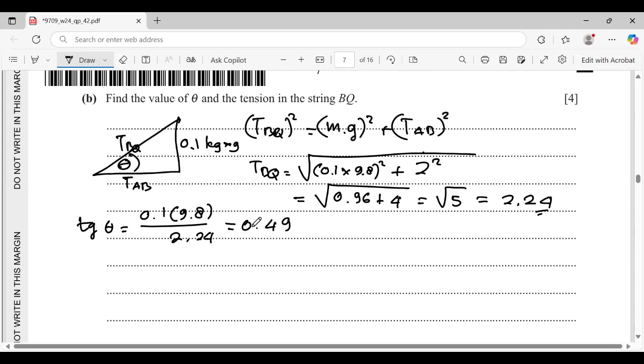Based on the information, this is 0.49. So theta we can determine through tangent inverse of 0.51. This is 26.565. Okay, 26.6. That is theta, and this one the tension of BQ.